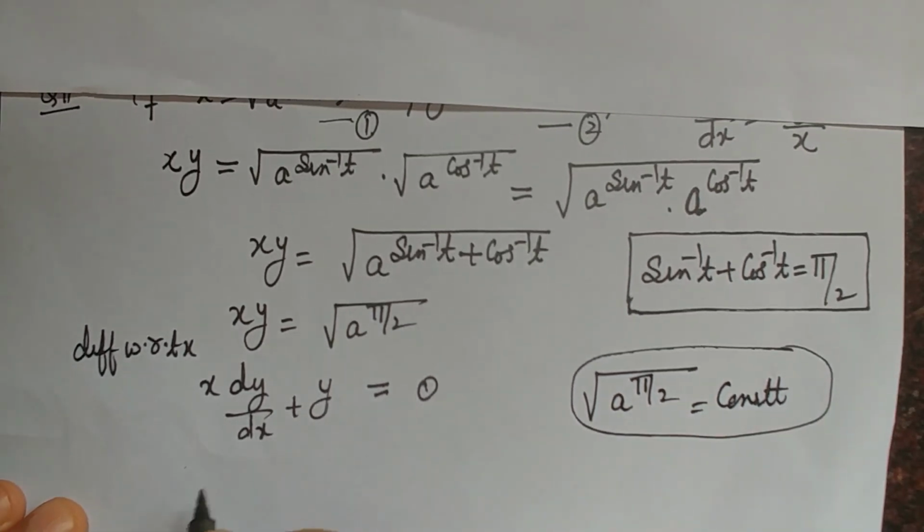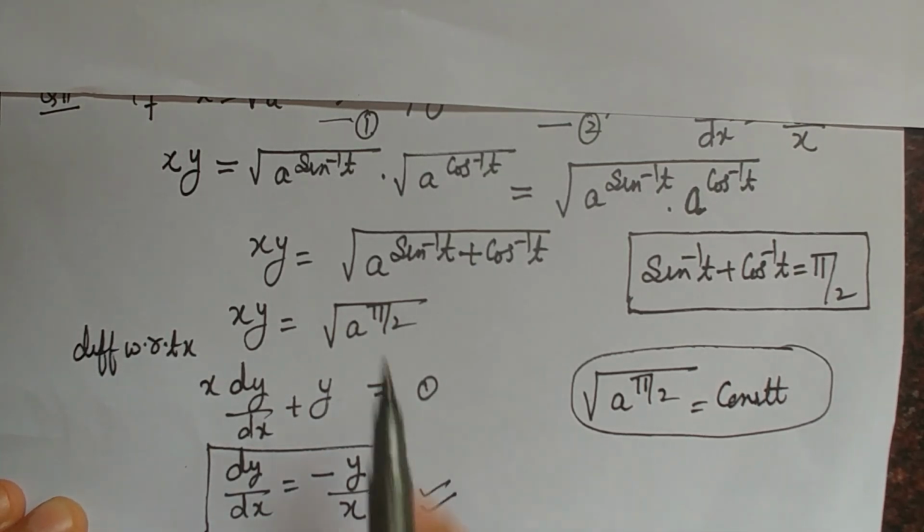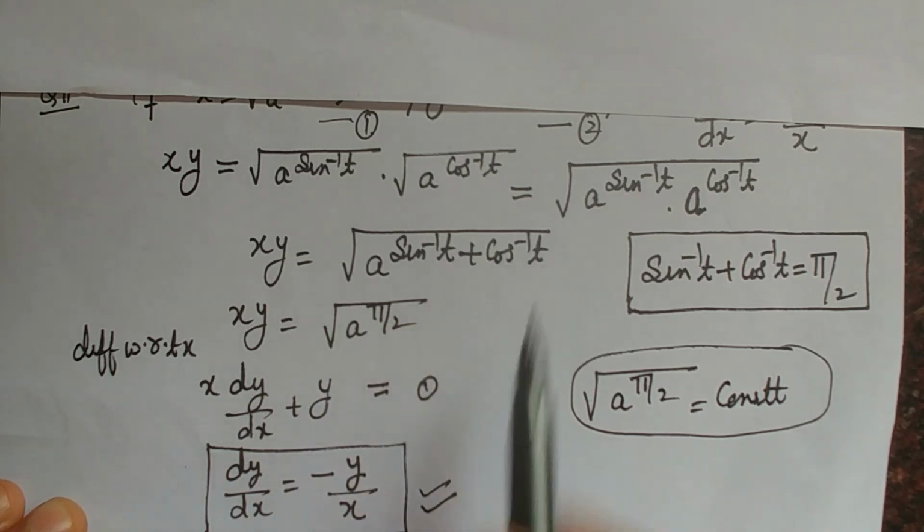So I get dy by dx is equal to minus y divided by x. This is what was required to be proved. So this question becomes very simple using the properties of inverse trigonometric functions.